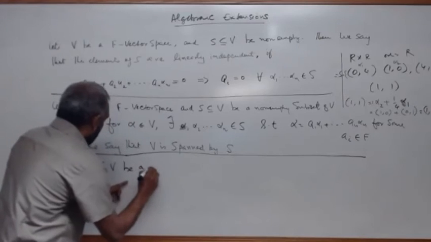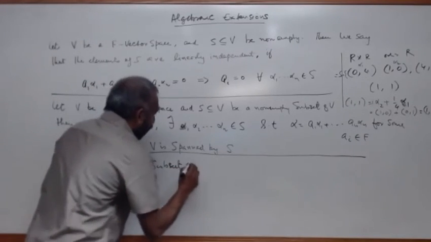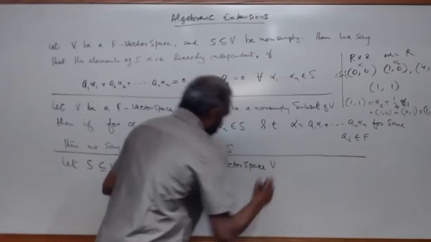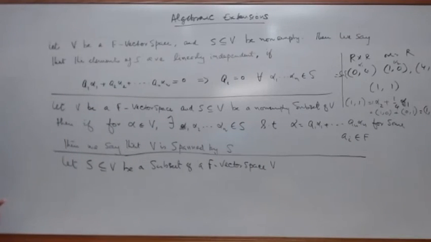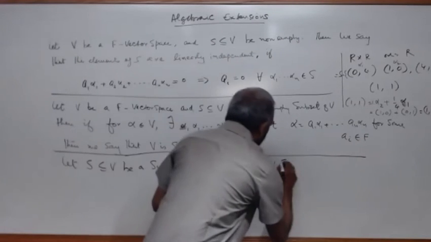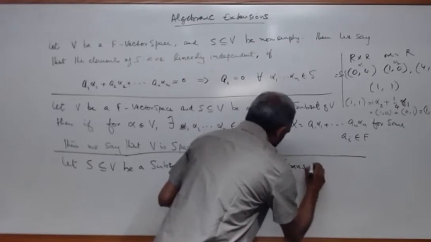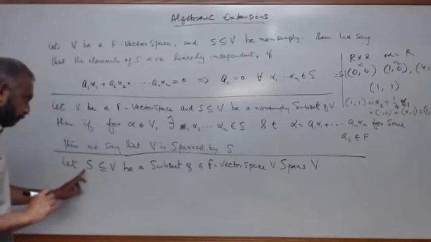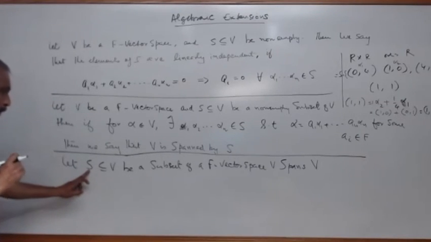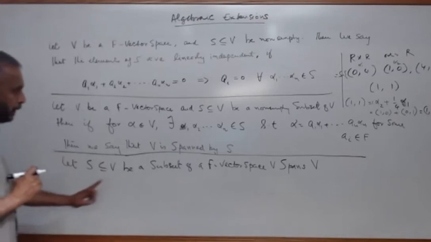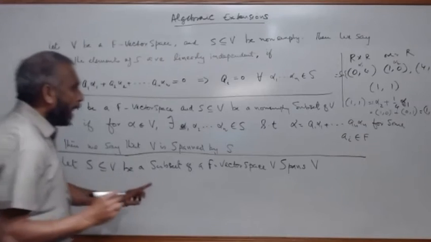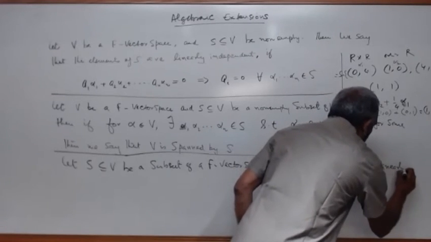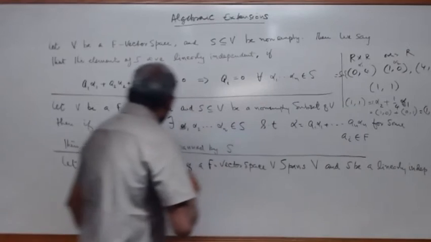S spans V. That means every element of V can be expressed as a linear combination of scalar multiples of elements from S. Let S be a linearly independent set.